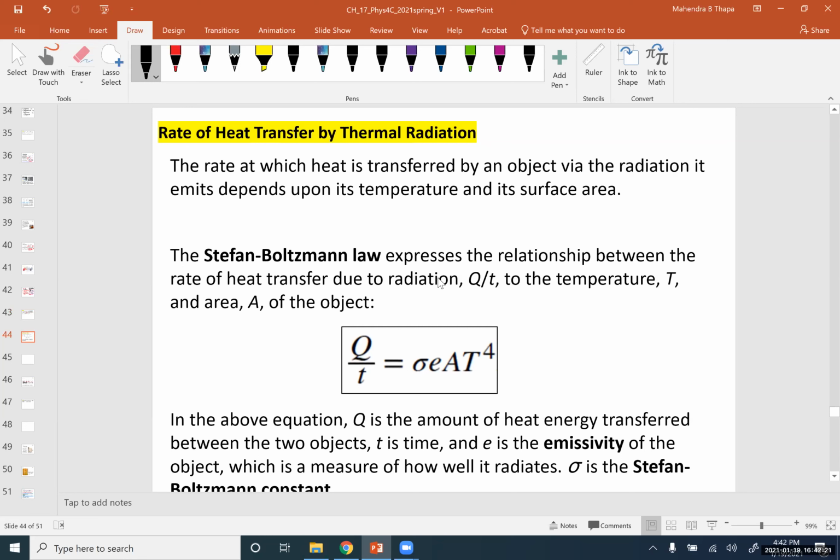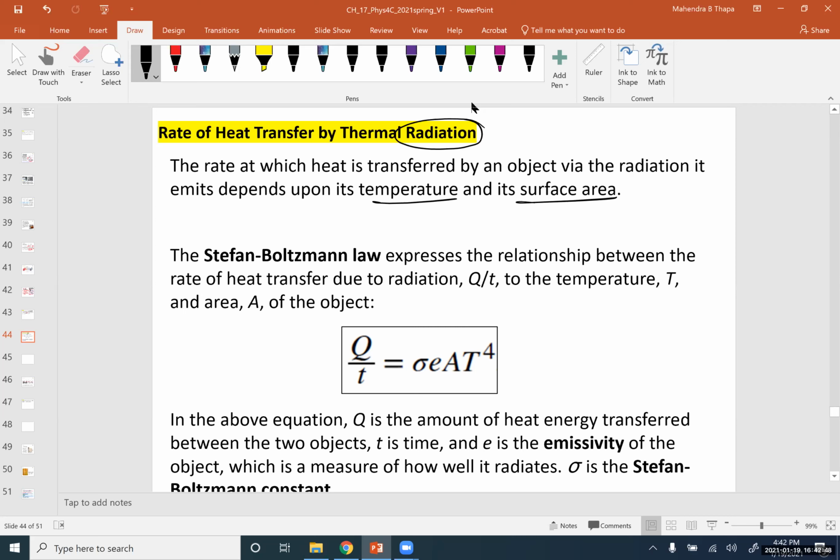The other way heat transfer happens is by radiation, which, since it is related to heat, we call thermal radiation. The rate at which heat is transferred by an object via radiation depends upon its temperature and surface.